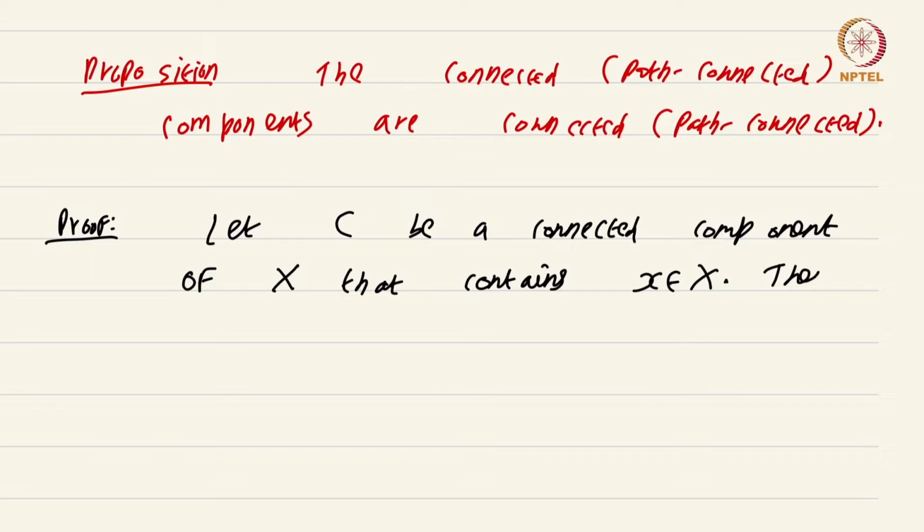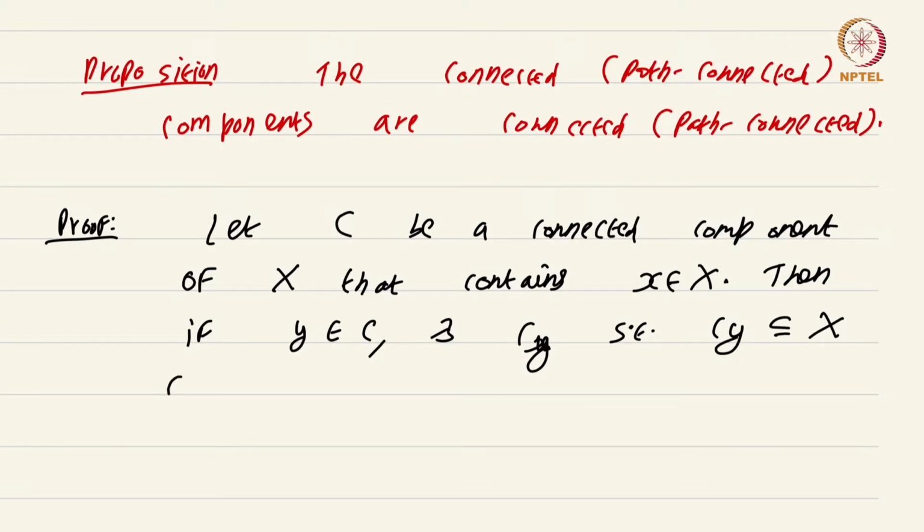Then if y is in C, there exists some Cy such that Cy is a subset of X and Cy is connected, and of course I must mention x, y are both in Cy.